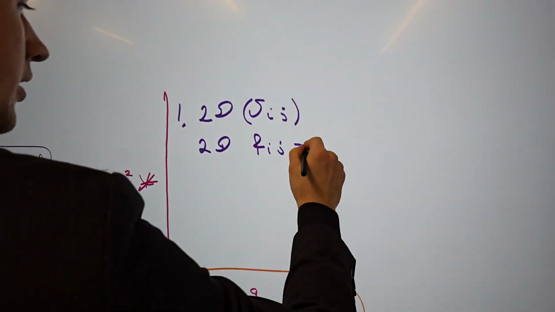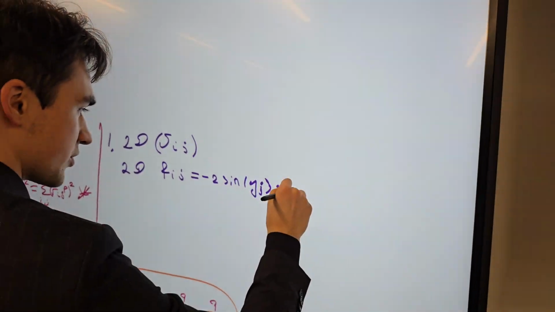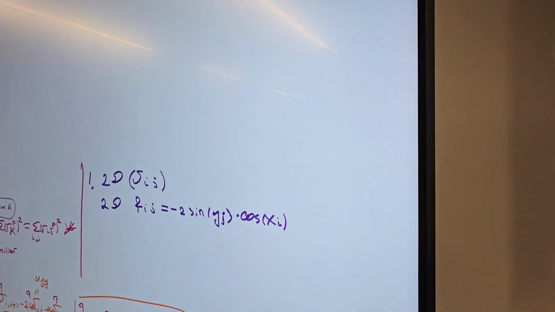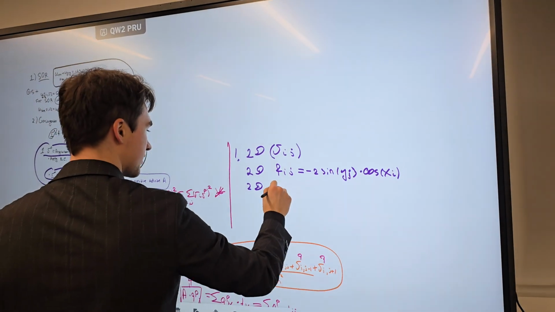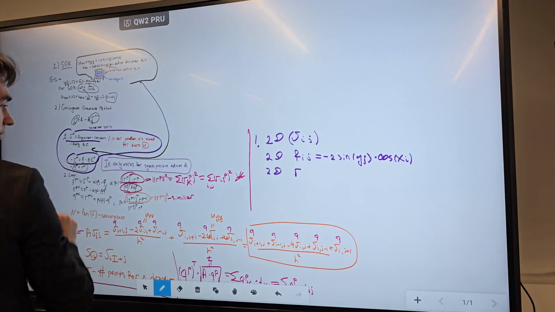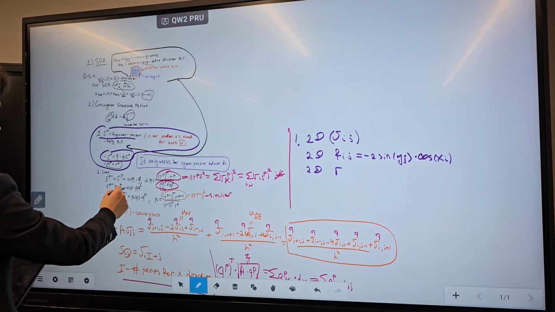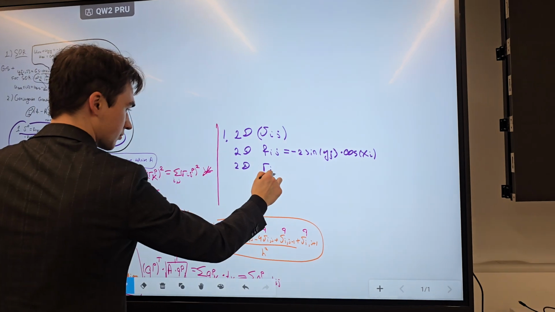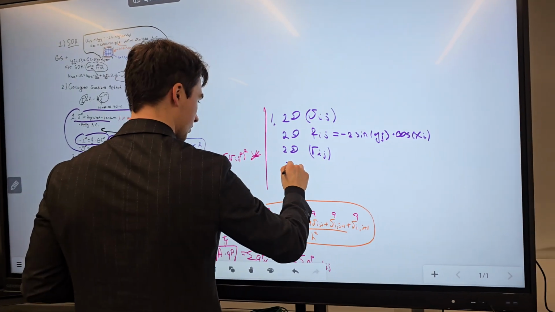So it will be minus 2 sine yj times cosine xi. Then we have 2D R, which we calculate as in the diagram. It's also 2D. And we also have a 2D Q.